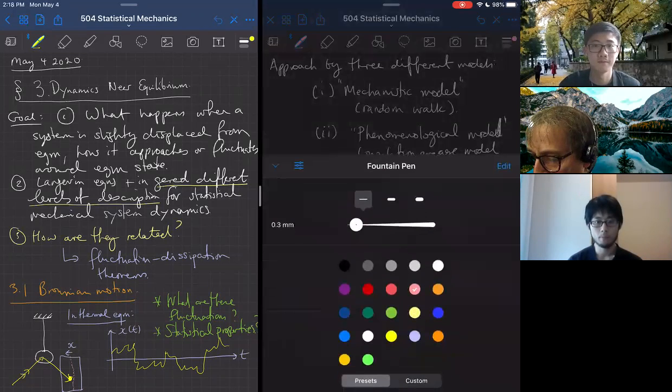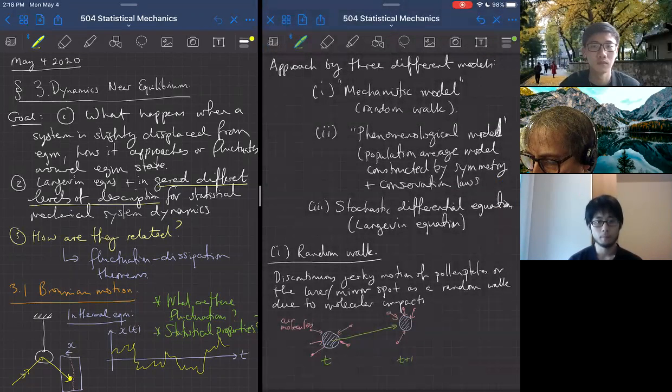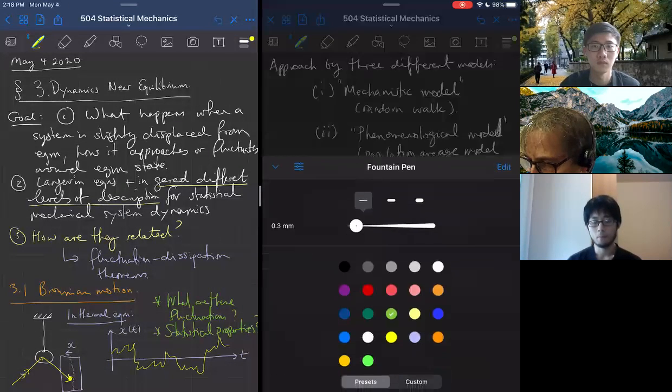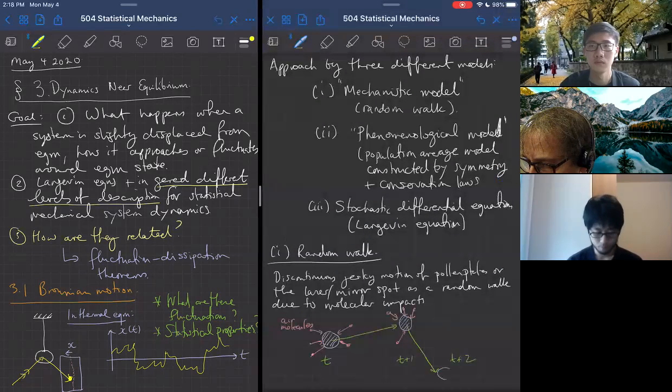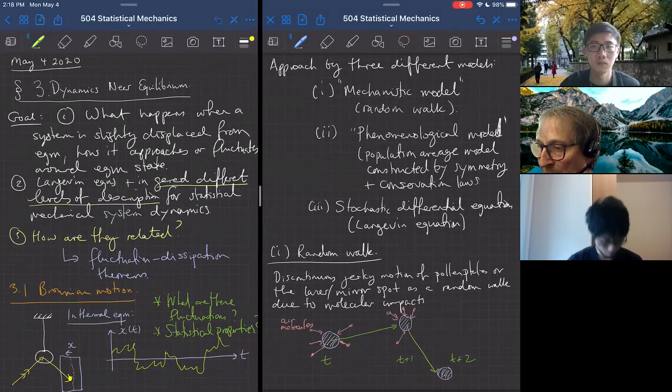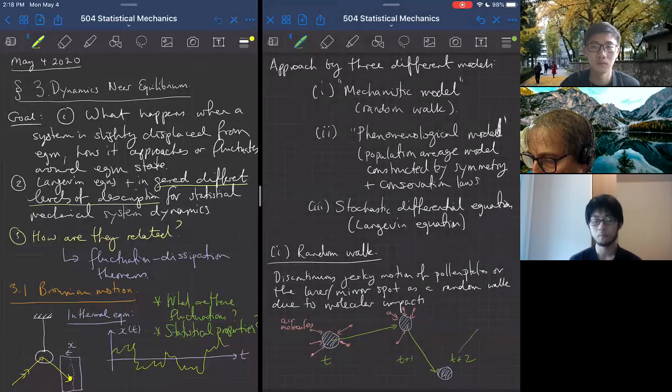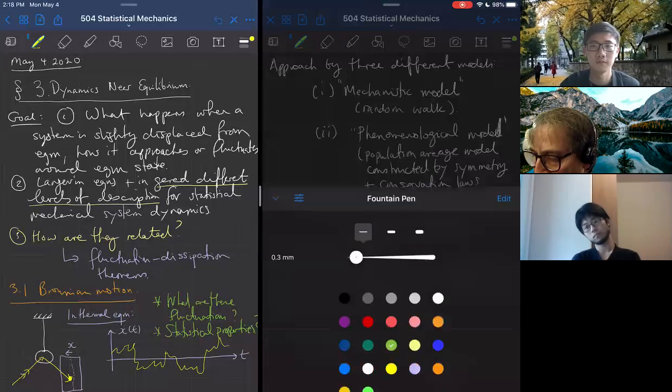And so what that's going to lead to is this: if this is at time t, then at time t plus 1, it's going to move over here, and now the particle will be like so. And let's suppose that at that particular time, we now look at where the atoms are, and the air molecules are bumping into it, and perhaps the situation looks like this. At the next time interval, time t plus 2, it's going to go over to here, and so on and so forth. Then maybe in the next time interval, it'll go up to here, and this will be time t plus 3.